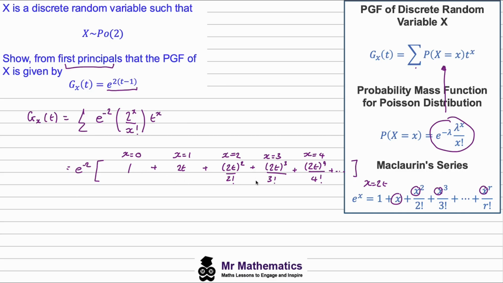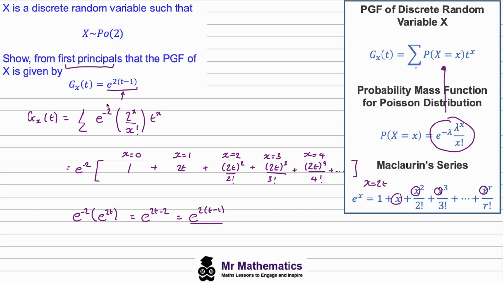So all of this bracket becomes e to the negative 2 multiplied by e to the 2t. And then we can use the rule of indices where we just add these two powers together. So this will be e to the 2t minus 2. We can factorize our power, so we get e to the 2 times t minus 1, which is exactly what we were asked to show here.